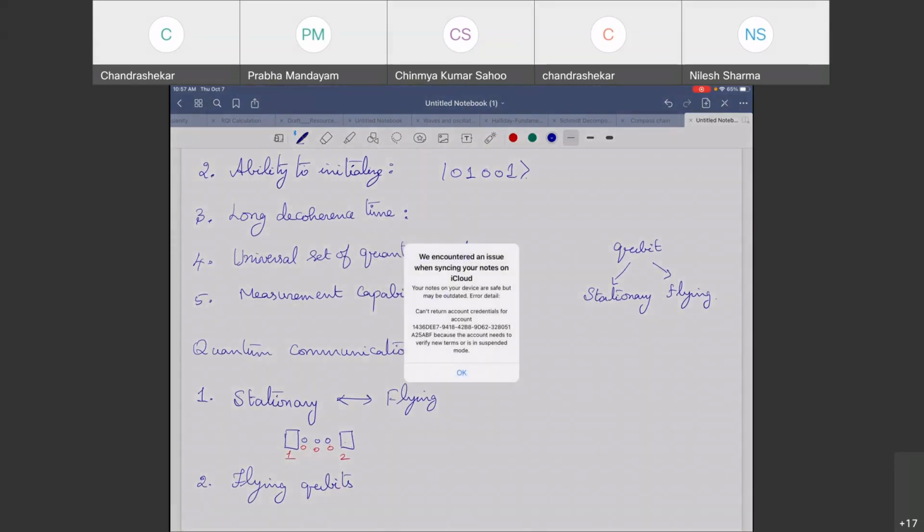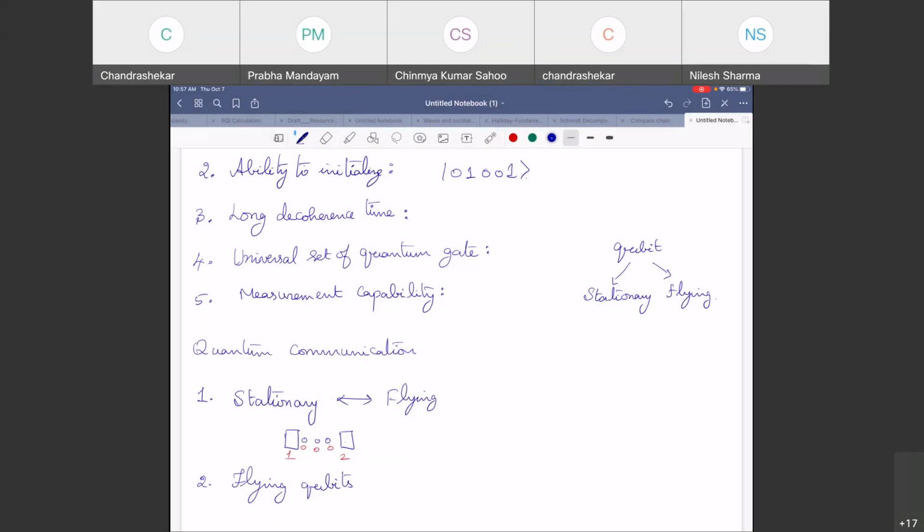Sir, in the definition of coherence time, we are saying that it is the time required to move from quantum to classical nature. So does that mean from the superposition state to the collapsed state? In a sense, yes.